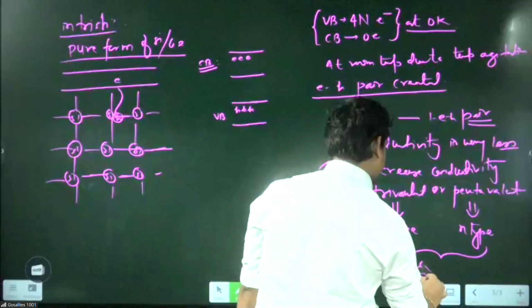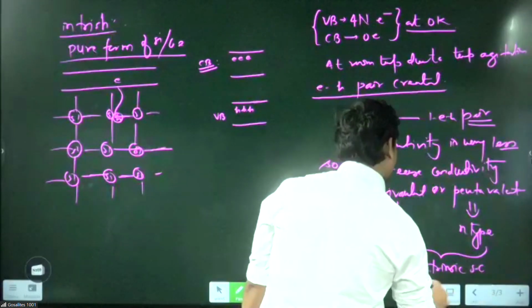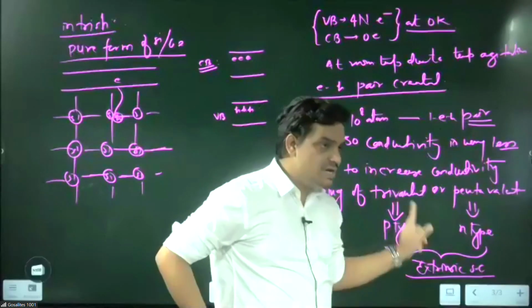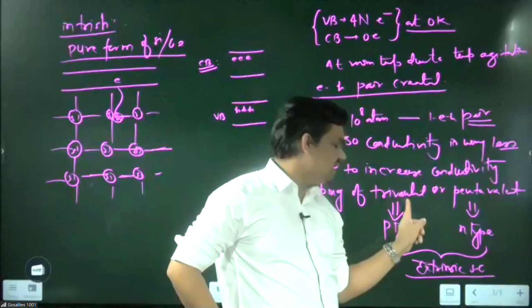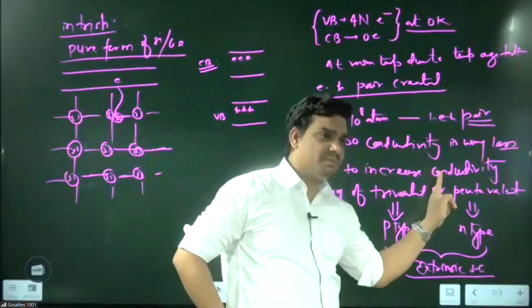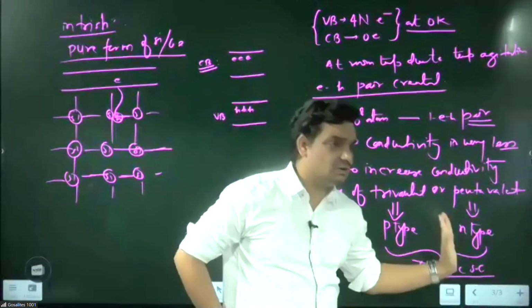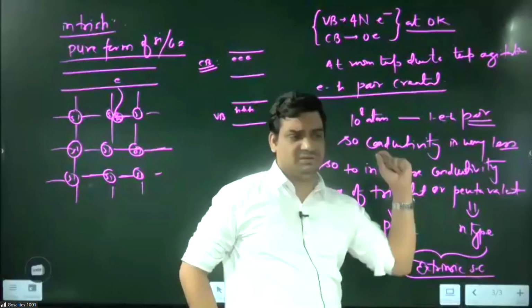Extrinsic semiconductor means we add some impurities to increase conductivity, and these can be trivalent for P type or pentavalent for N type. This is known as doped silicon or germanium, or extrinsic semiconductor.